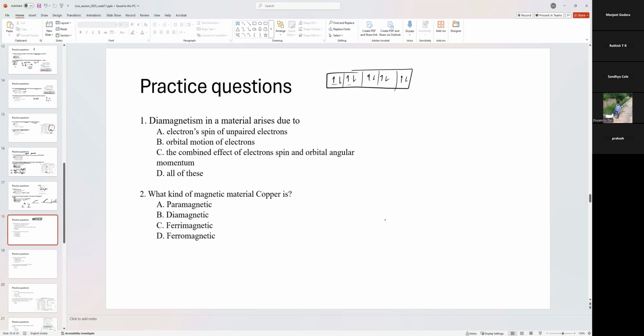One up spin, down spin, up spin, down spin, up down, up down. All of them are paired. There is no unpaired electron. This is correct. Might it affect electron spin and angular momentum? No, since they don't have an unpaired electron, there is no angular orbital momentum, so this is not there. This is only due to the orbital motion of the electron.